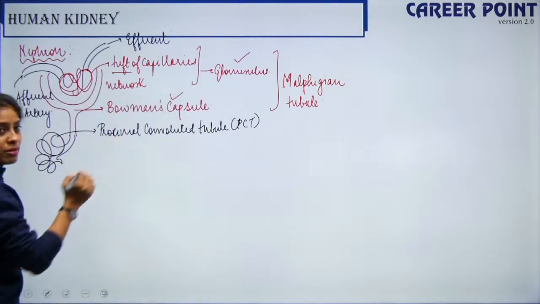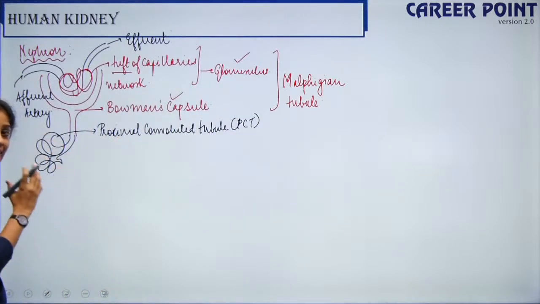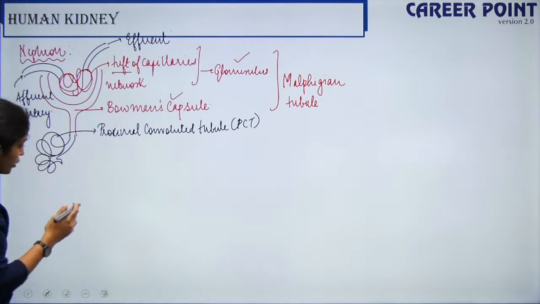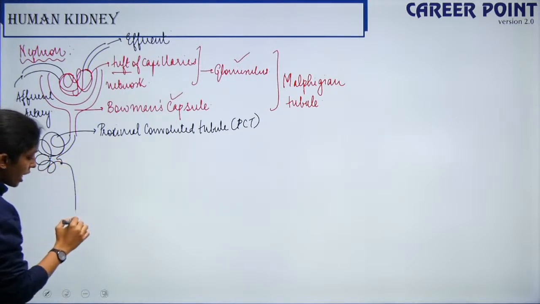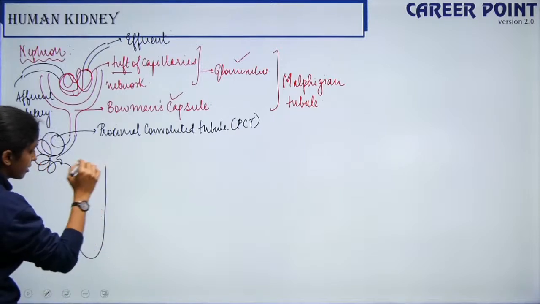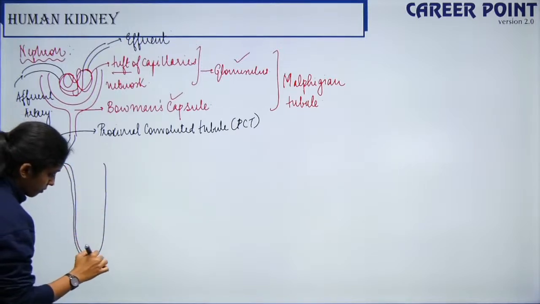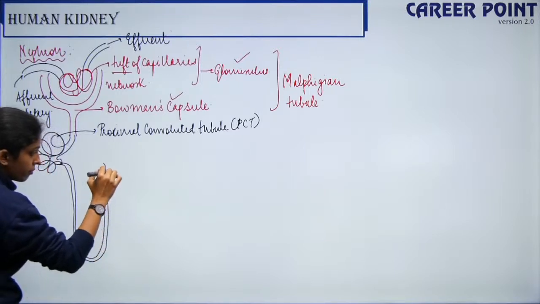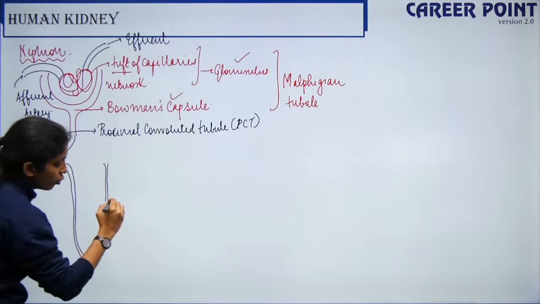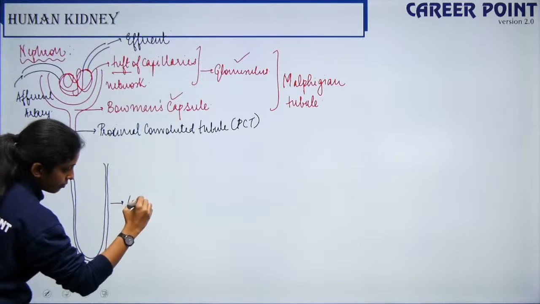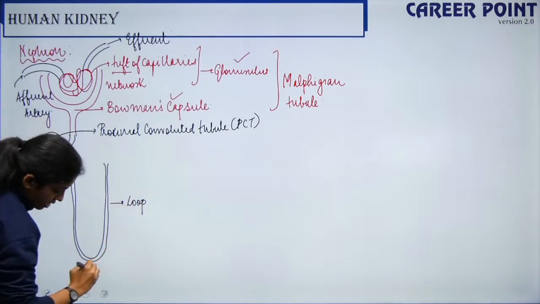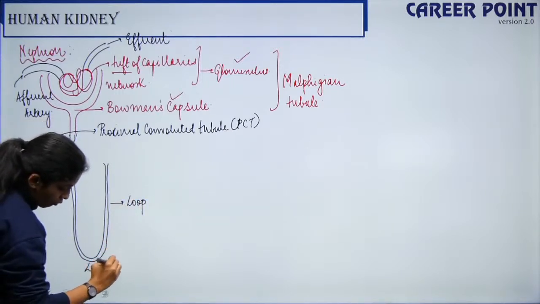So this is the proximal convoluted tubule, which is highly coiled or convoluted. It opens into a hairpin-shaped structure like this, known as the loop of Henle.